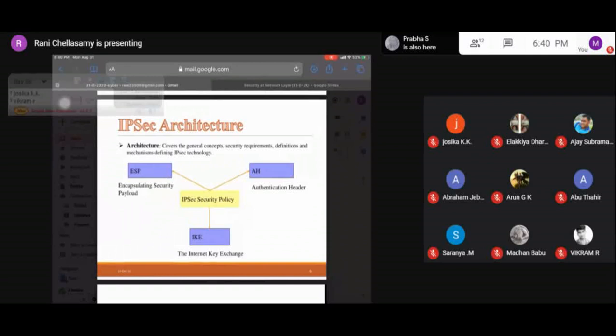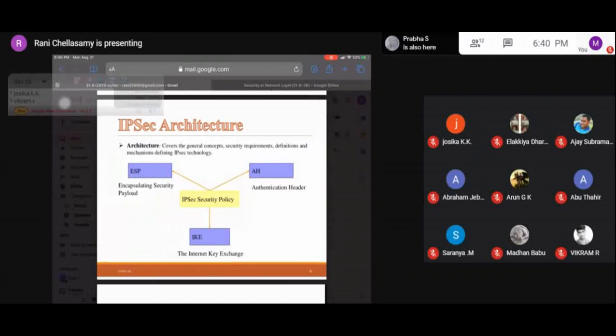The second is ESP, the encapsulating security payload. The third is IKE, the internet key exchange. These are the three main components of the IP security architecture. We will see them one by one.